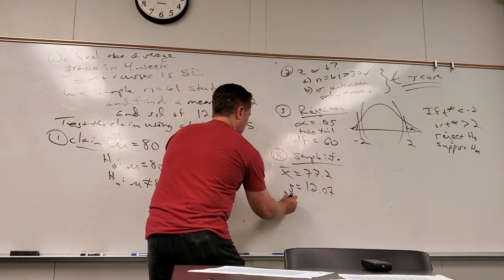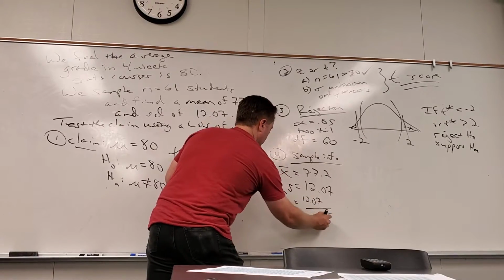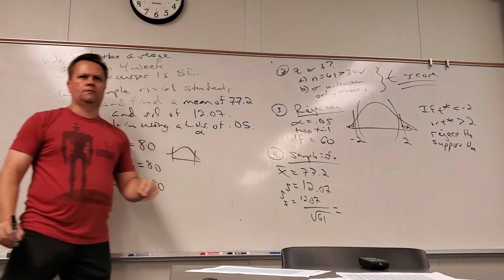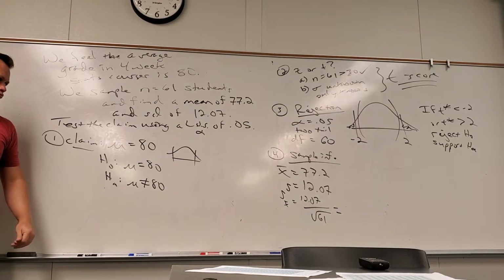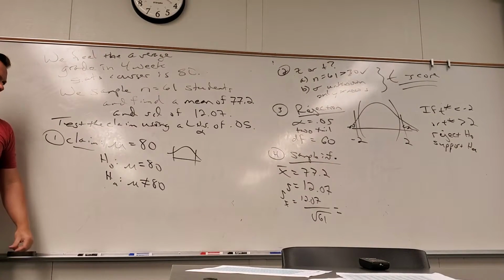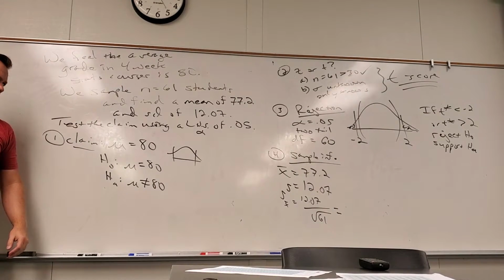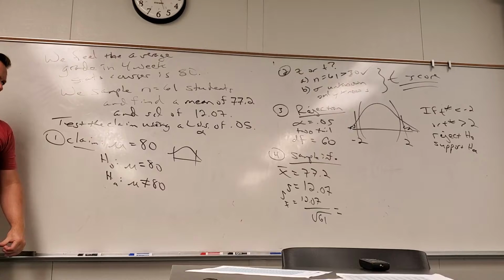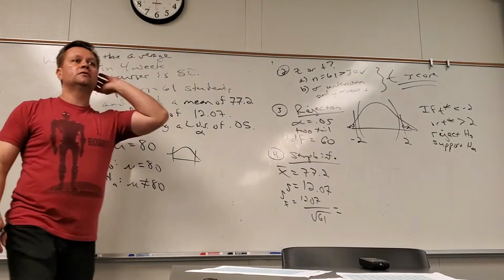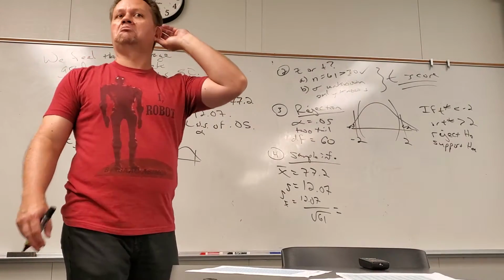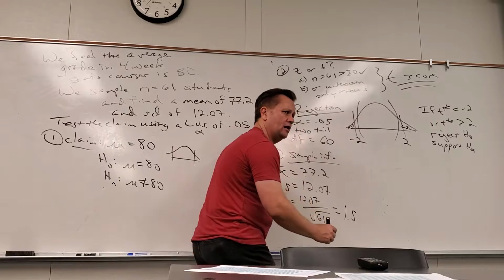So what's Sx bar? 12.07 divided by the square root of 61. Is that like 1.6? I don't know. Just making it up. What is it? It's not bad. 1.55.